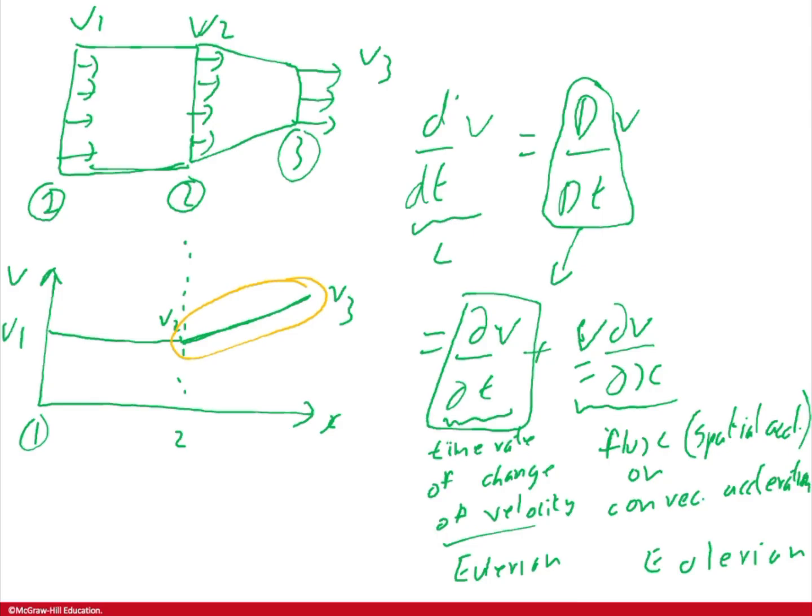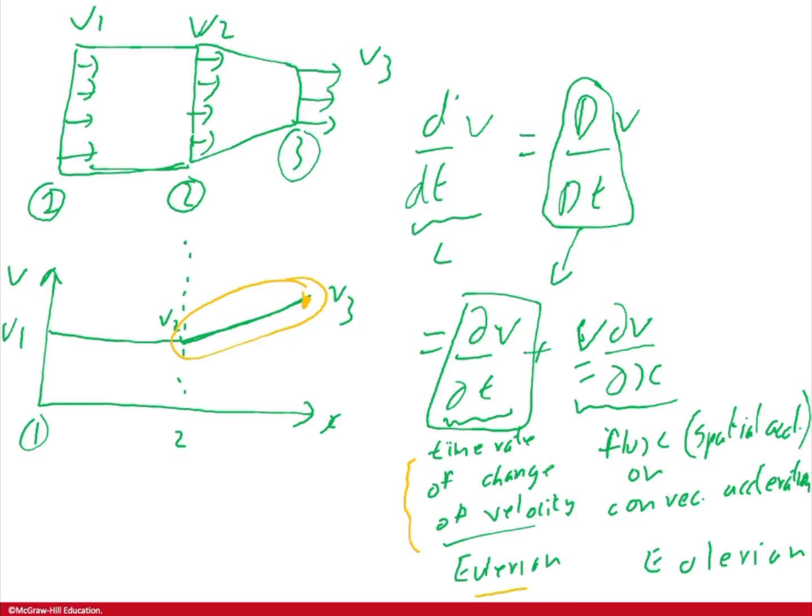So essentially, if I measure the velocity at this outlet at time equal to 0, and then after a minute came back and measured, it will still be the same velocity v3, right? So it's not changing with respect to time, it's changing with respect to space. So make that distinction here. When you're saying time rate of change of velocity, in our written description, it's for a given location.